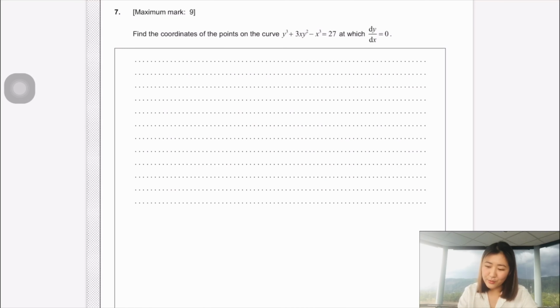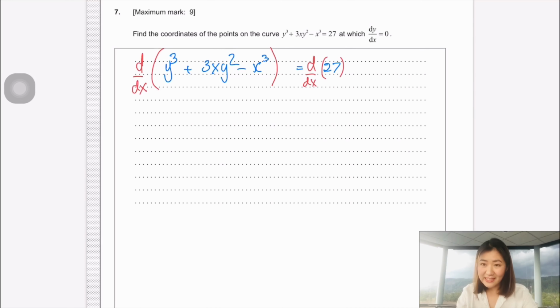Alright, so let's start from y cubed plus 3xy squared minus x cubed equals 27. You just do d by dx. The notation is just d by dx. You differentiate both sides here like that.